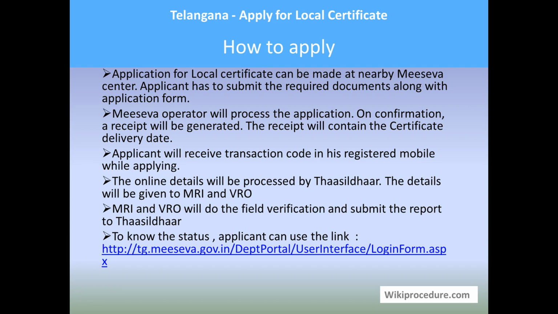The applicant has to submit the required documents along with the application form in order to start the procedure. The Mee Seva operator will give the application form by receiving 10 rupees or so.